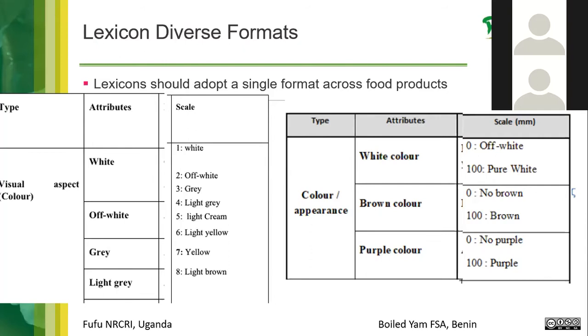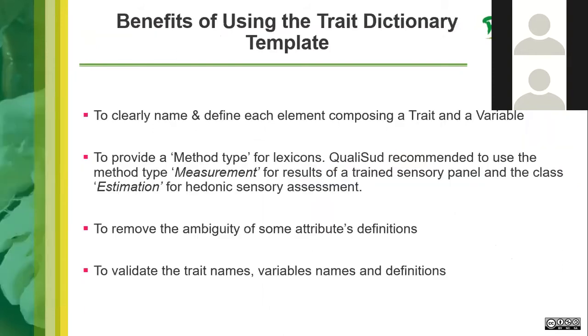For example, here the lexicon for fufu is much, much different from the lexicon for boiled yam from Benin. So it is good for these trait dictionaries or lexicons to have a uniform format across the products.